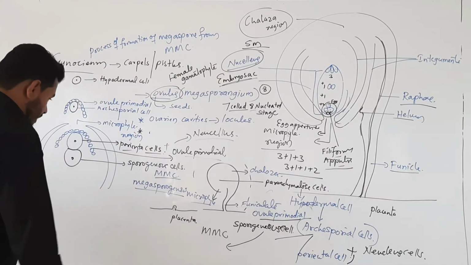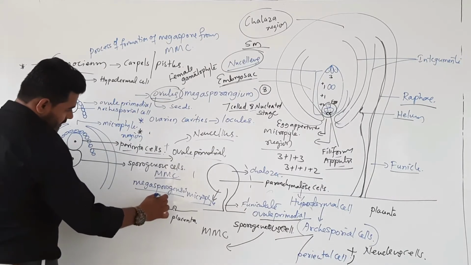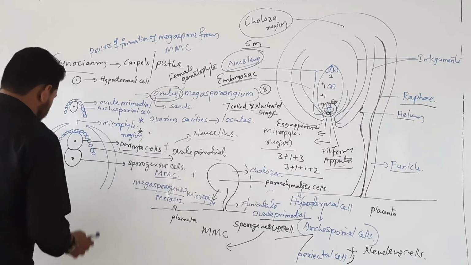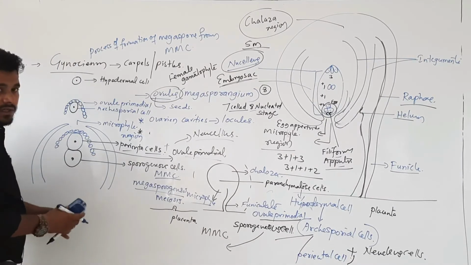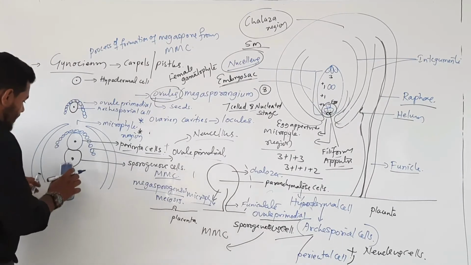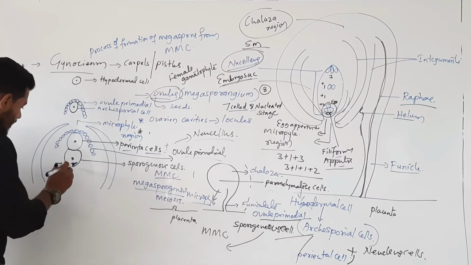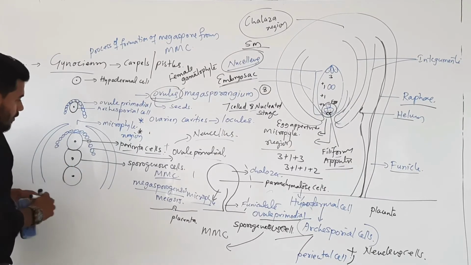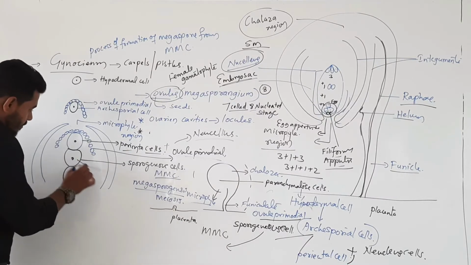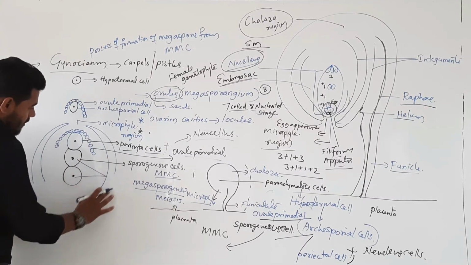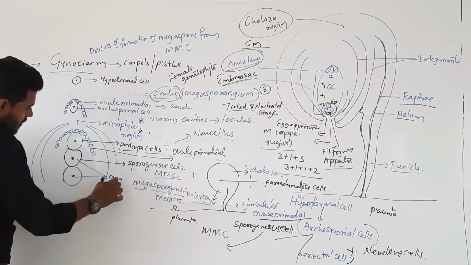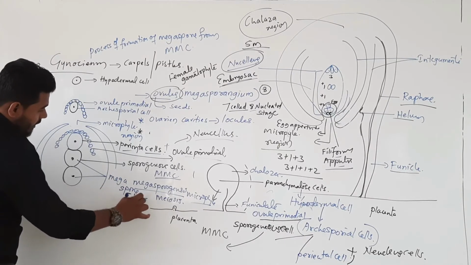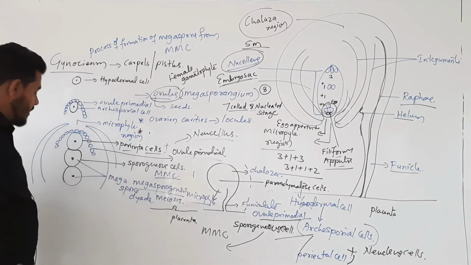For that, meiosis division takes place. In the first meiosis, the megaspore mother cell divides and forms two cells. Both are called a megaspore dyad.